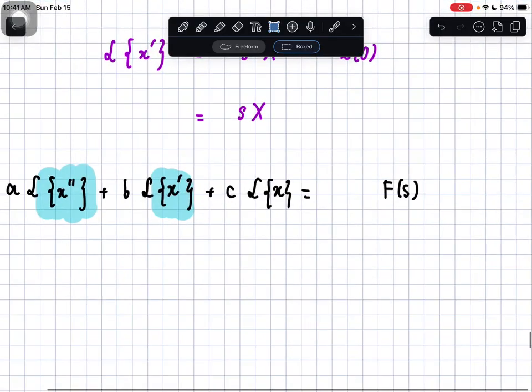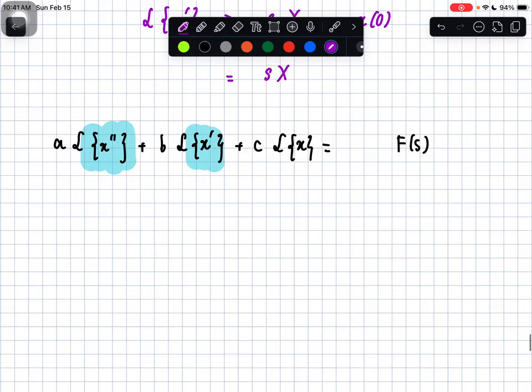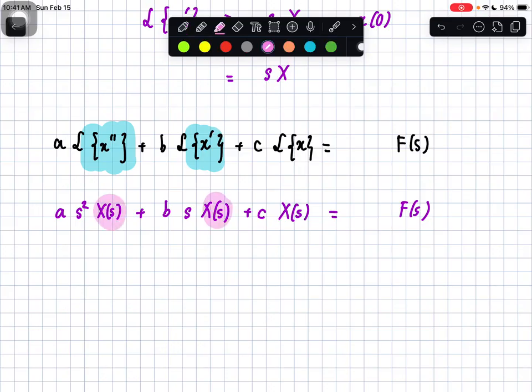So you have a times s squared times X, b times s times X, c times X equal to big F of s. So this is all X of s. You can group X of s out there. So inside, you have (a s squared plus b s plus c) times X of s equal to big F of s.